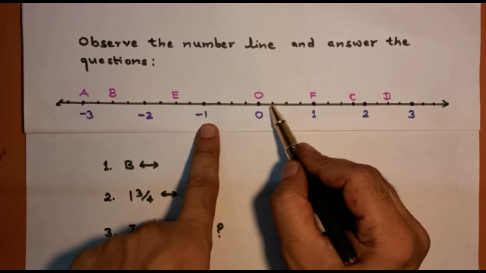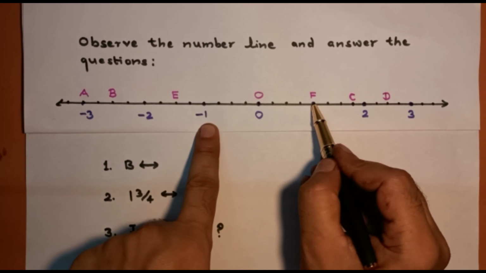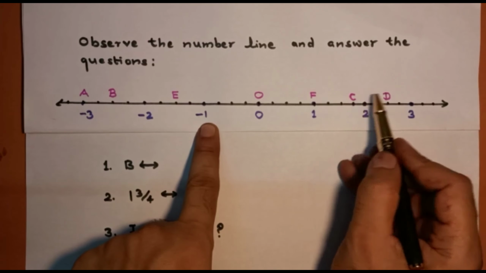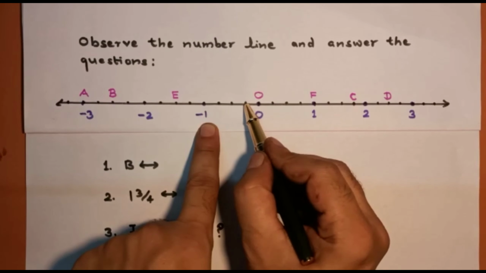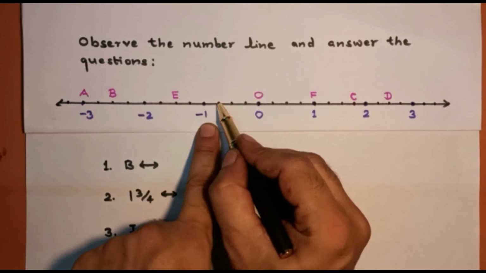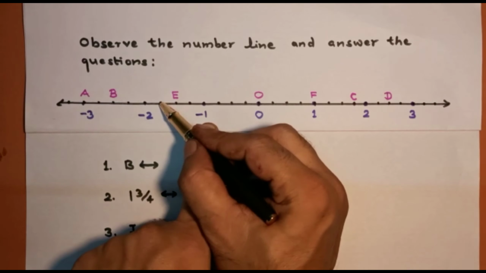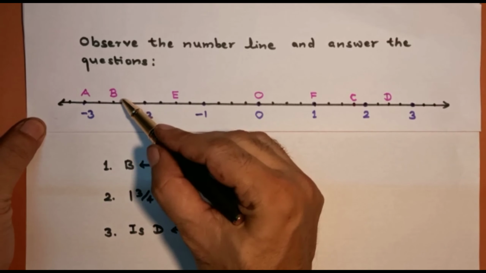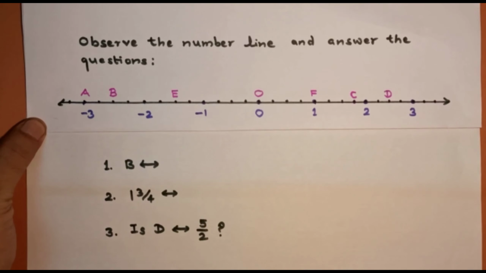So the first point will be 1 upon 4, second 2 upon 4, 3 upon 4, 4 upon 4, 5 upon 4, 6 upon 4, 7 upon 4, likewise. Let's go to the left. Same way, minus 1 upon 4, minus 2 upon 4, minus 3 upon 4, minus 4 upon 4, minus 5 upon 4, minus 6 upon 4, minus 7 upon 4, minus 8 upon 4, minus 9 upon 4, and point B indicates minus 10 upon 4.